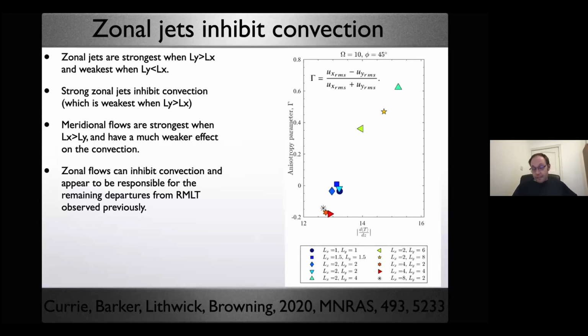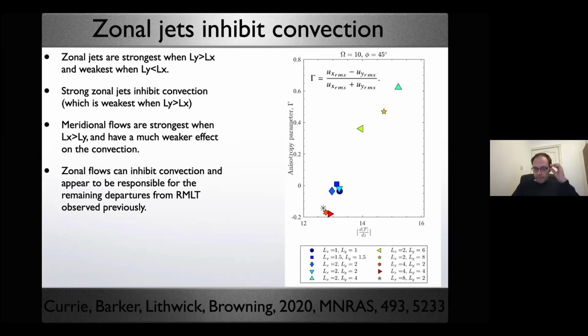You can see from this that there is a strong positive correlation, indicating that the temperature gradient is larger in cases when you have strong zonal flows. And this is indicating that zonal flows inhibit convection, but that meridional flows don't play as much of a role. Partly strong meridional flows are not observed in our simulations, and partly they don't play as strong a role at inhibiting the convection as the zonal flows.